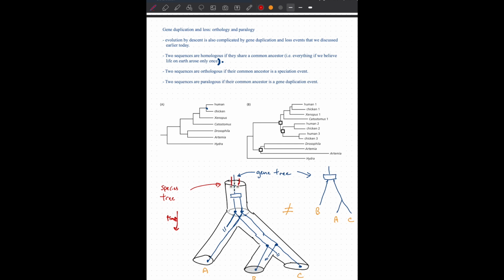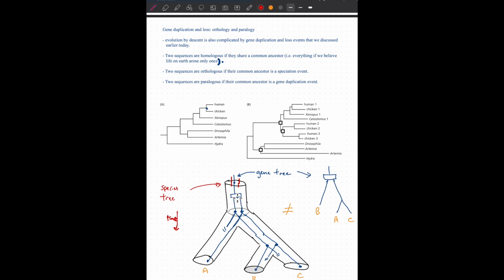As this organism evolves, at some point a gene, or genes, a whole chromosome even, but here just a gene, gets duplicated, and now there are two copies of that gene at the same time in that genome. The least common ancestor of this gene and this gene is rooted back here, and we would say that they're paralogs. They arose from a gene duplication event.